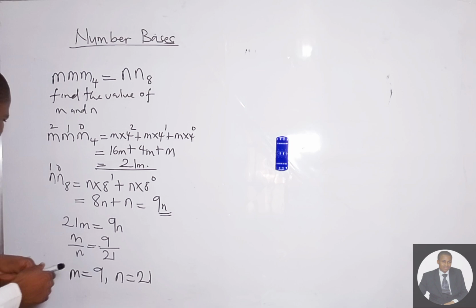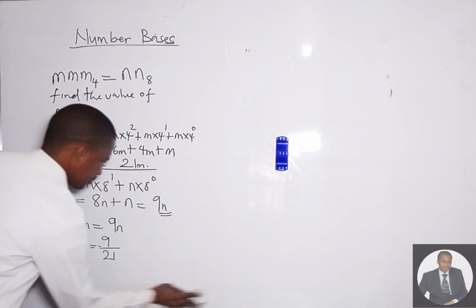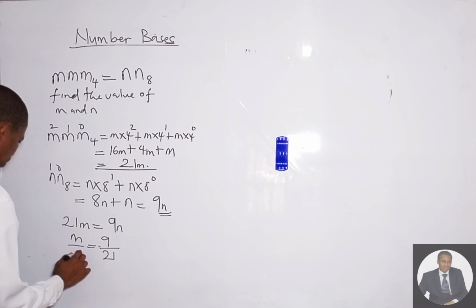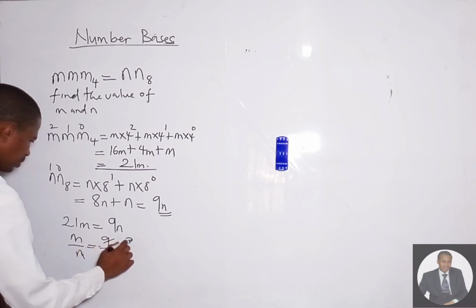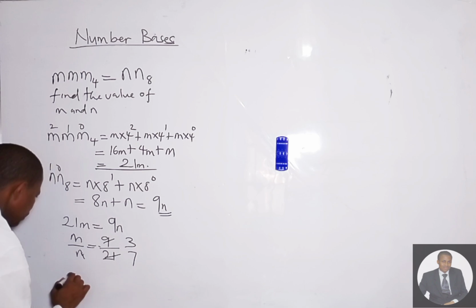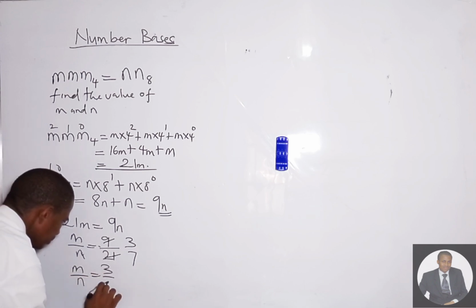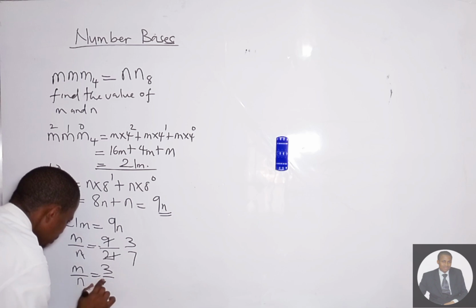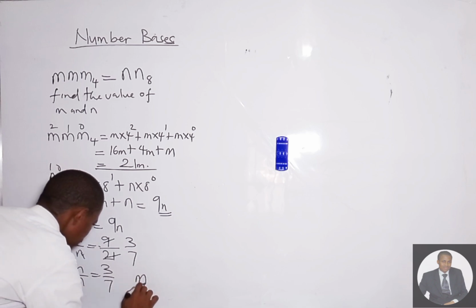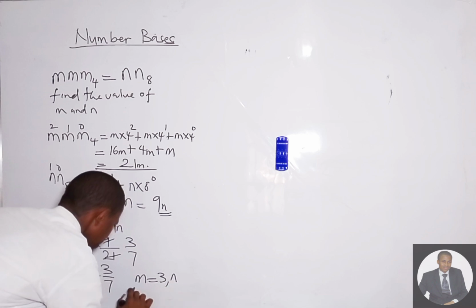We can simplify further by saying, we can divide by common factors. So we have m over n equals 3 over 7. So m equals 3, n equals 7.